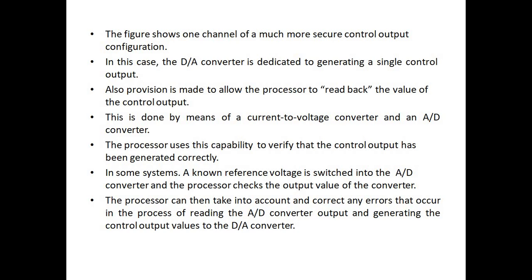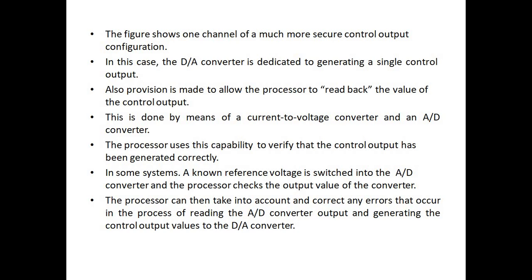This is done by means of a current to voltage converter and an analog to digital converter. The processor uses this capability to verify the control output has been generated correctly.